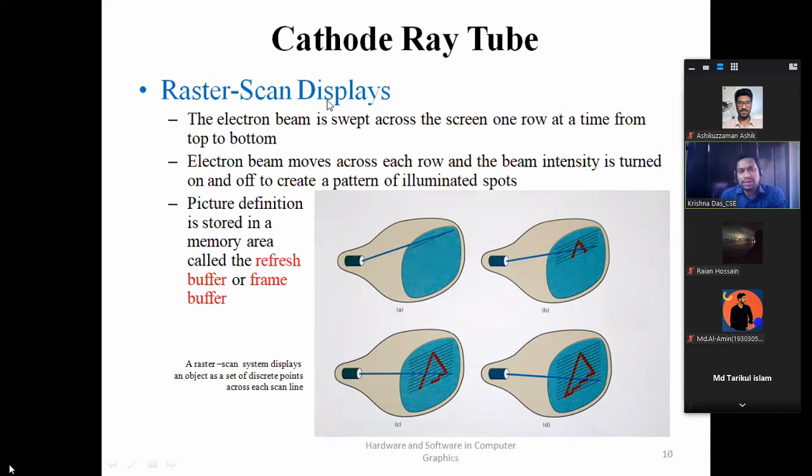The raster scan display device uses a scanning process, that gun we are talking about, the CRT capability, the cathode ray tube. How do these devices work?